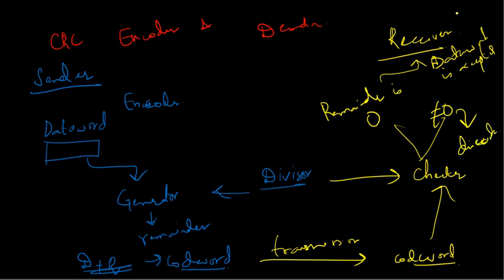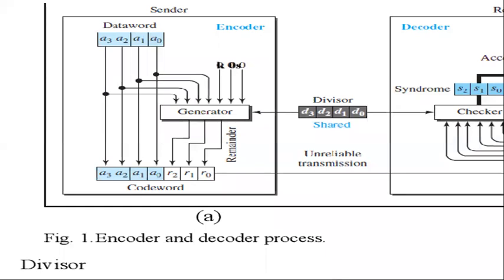So this is the CRC encoder and decoder technique. Now we will see it with the help of an example actually. Before that, I'll show you the actual diagram. This is the sender side.